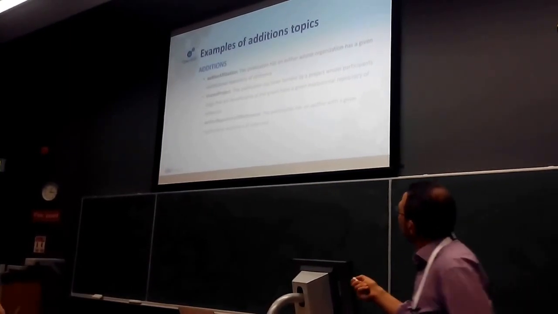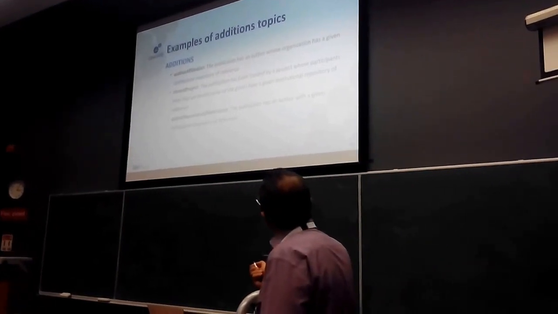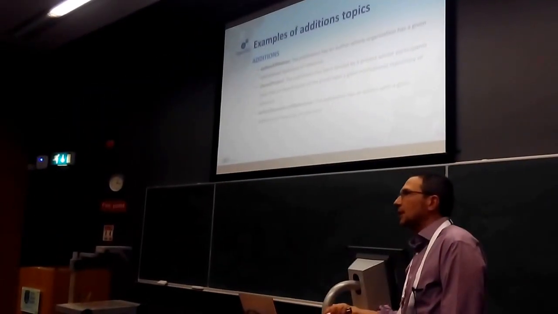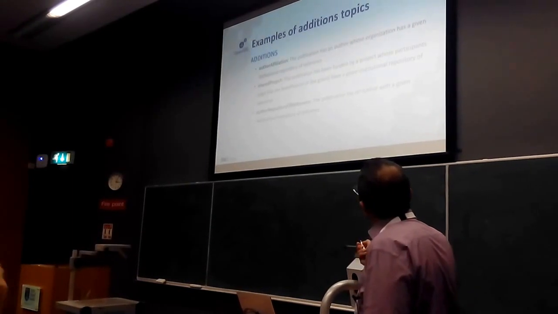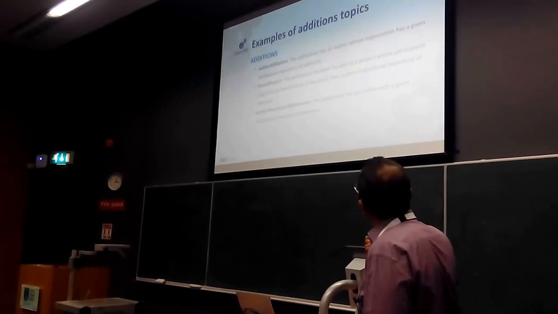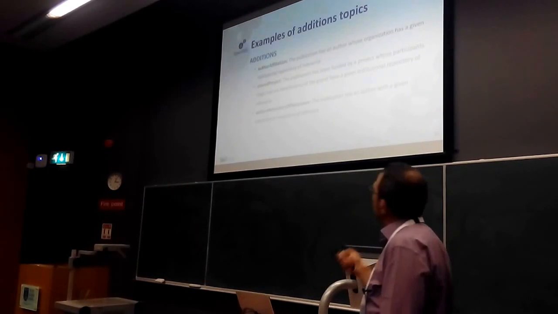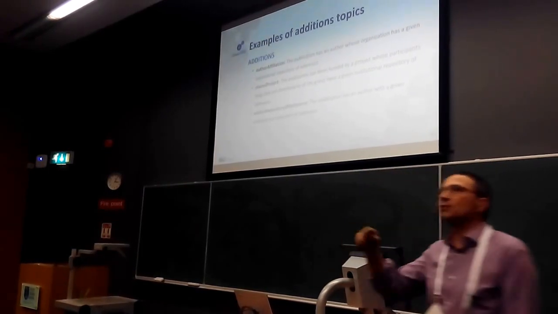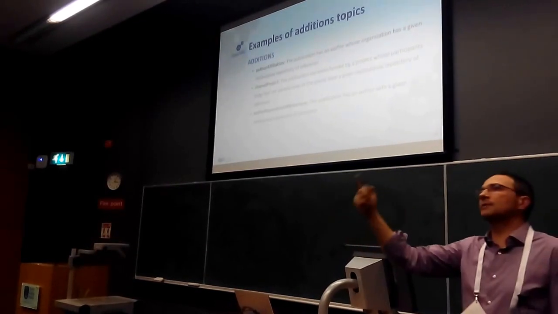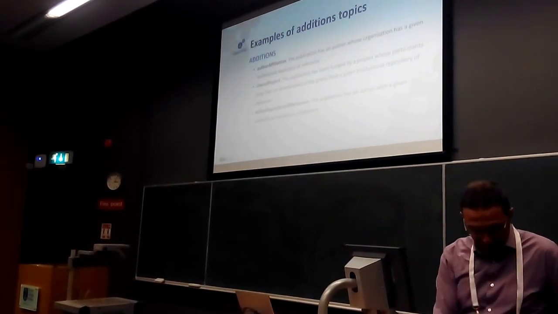The first one is author affiliation. So I'm sending you a record if this record has one of the authors whose organization has a given institutional repository or reference. Okay? In OpenAIRE, we have a relationship between repositories and responsible organizations.